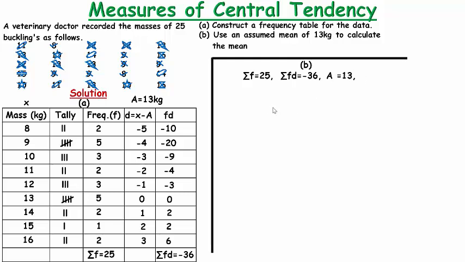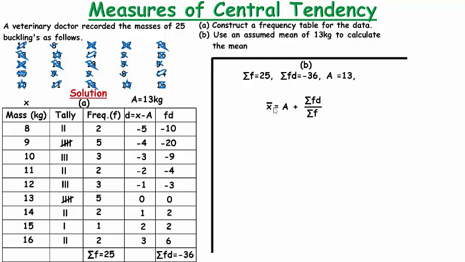Okay, now I'll write the formula for the assumed mean. How do I find the mean? This symbol x with a bar at the top is called x bar. It's the symbol for mean. So mean equals assumed mean plus the summation of the product of the frequency and the deviation divided by the summation of the frequency.